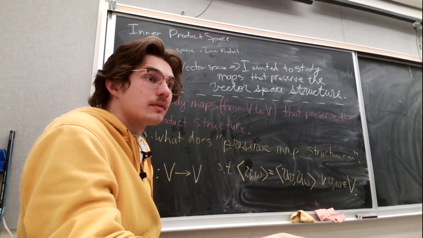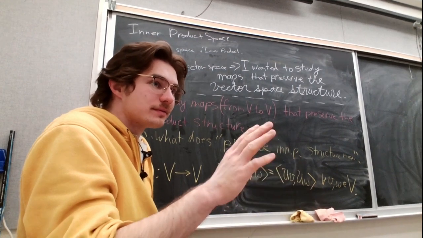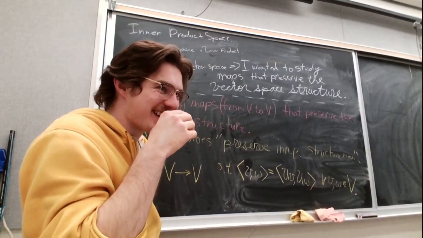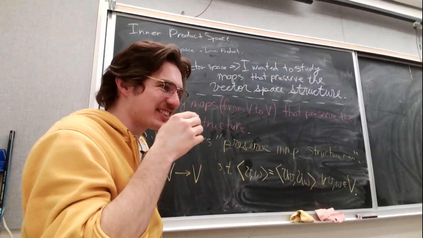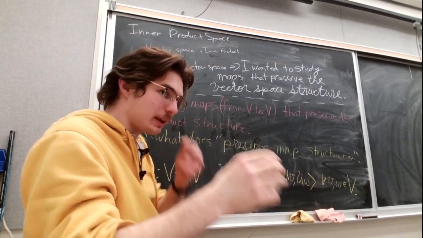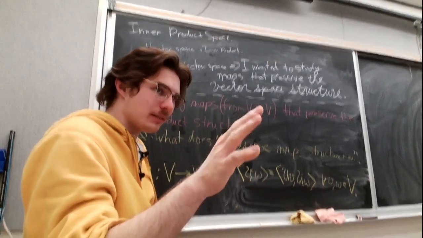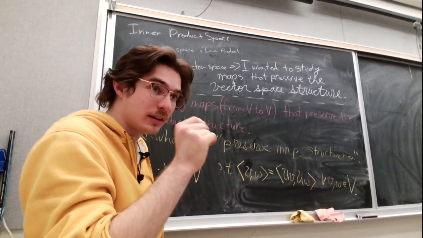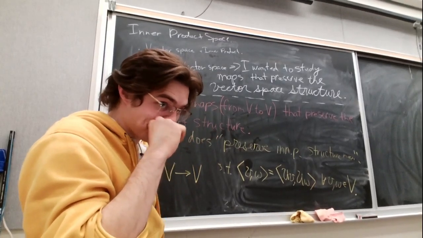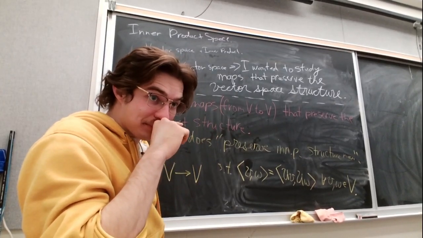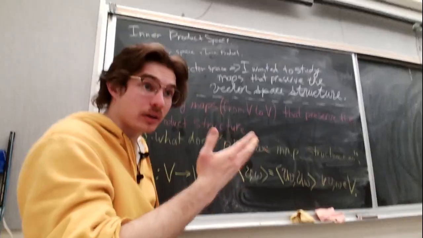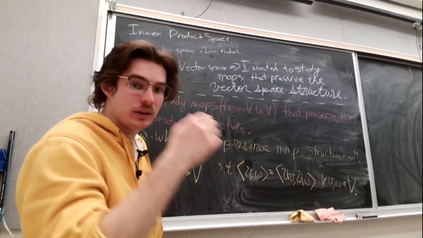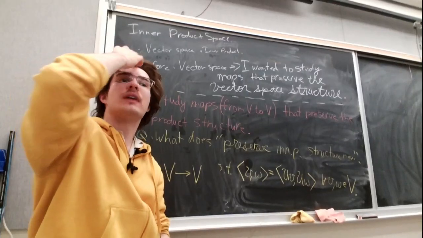So in some sense, it preserves the geometry of our space, right? Give other people a chance to answer. So the question was, if I have two vectors in R2 and I take the inner product between them, what does that tell me? You have the dot product. You take the dot product between two vectors. What does it tell you about those two vectors and how they relate to each other?